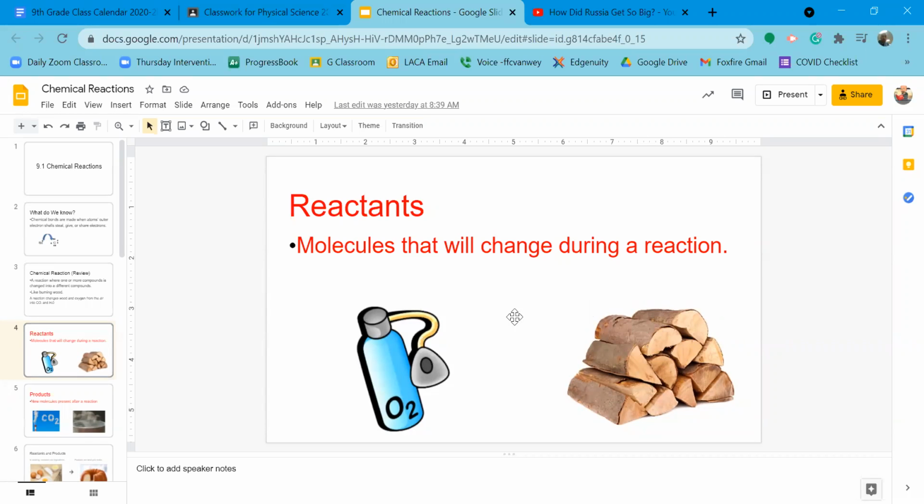These are the ingredients to the chemical reaction. So reactants are molecules that will change during a reaction. These O2s will separate. You'll have an O attached to a carbon over here, an O attached to a carbon over here. Some of these O's will attach to hydrogens from the wood, and so on. We'll see that when we look closer.